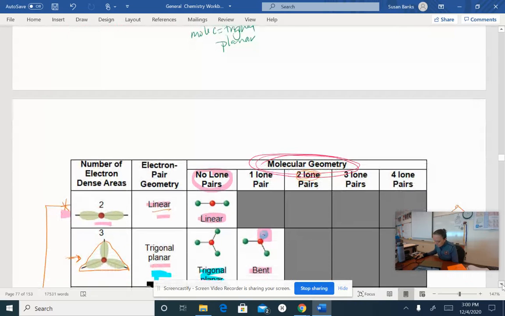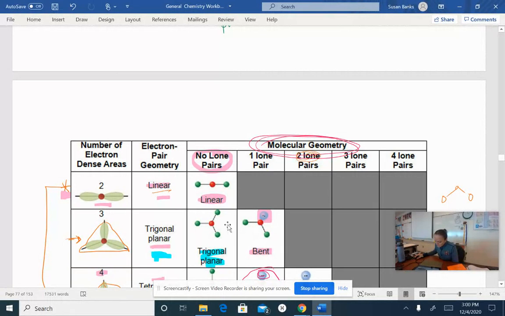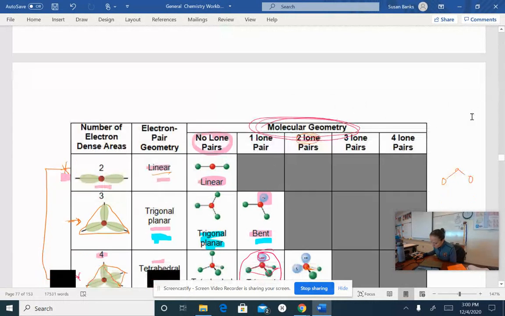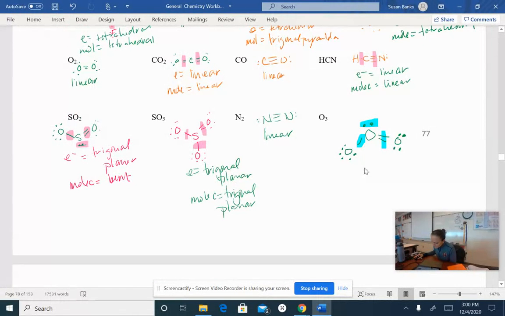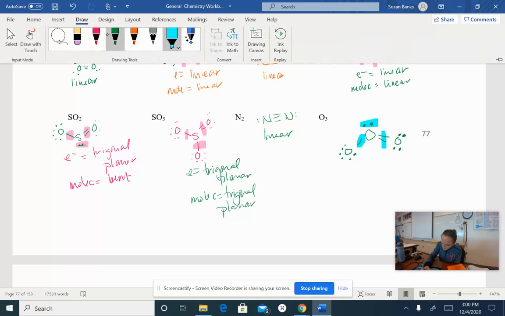If I have 3 areas, I have a trigonal planar electron pair geometry. If I have 1 lone pair, I have a bent geometry for my molecular geometry. So my electron geometry will be trigonal planar, and my molecular geometry will be bent. So let's draw this in.